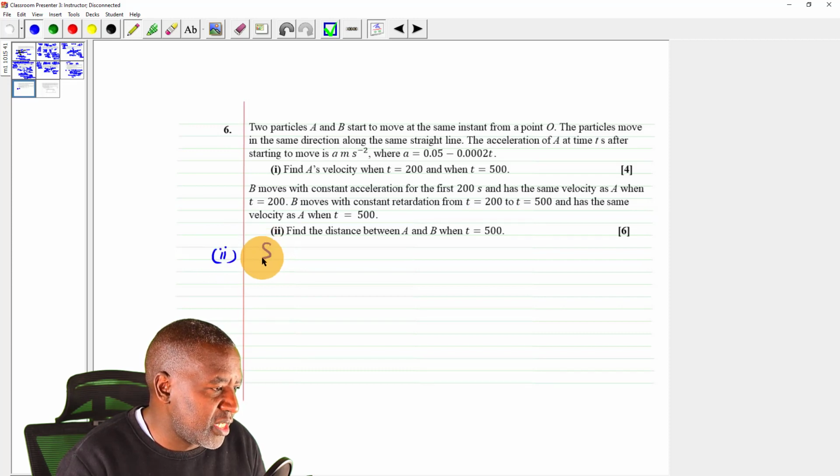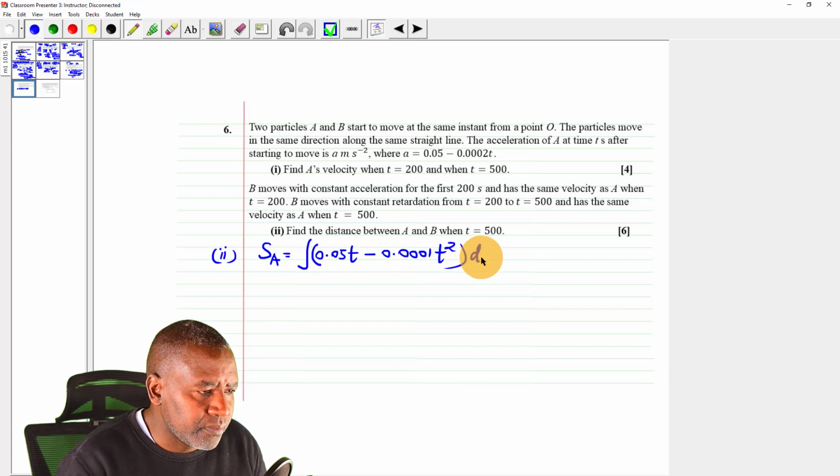I'm talking about the displacement of particle A. So it's going to be equal to the integration of this function, 0.05 t minus 0.0001 t squared, dt from 0 to 500.